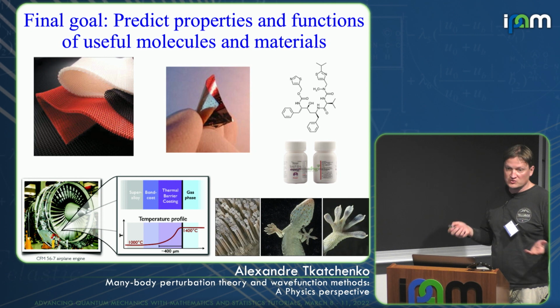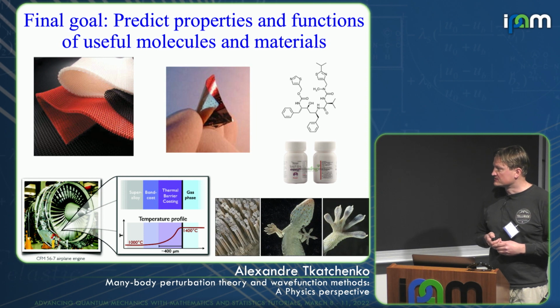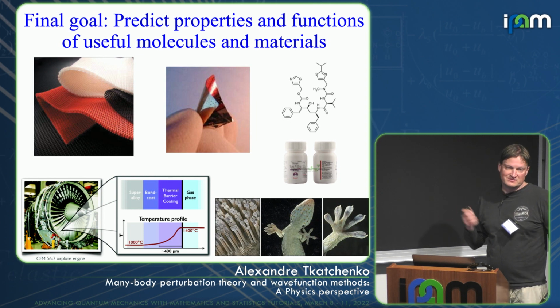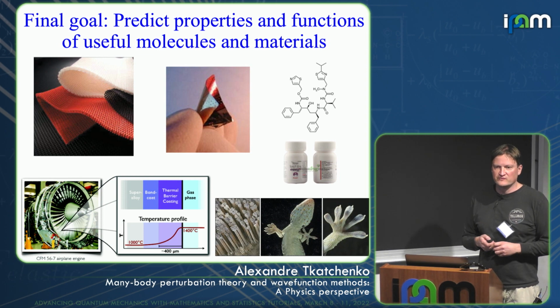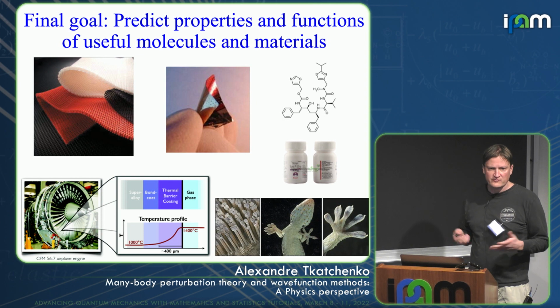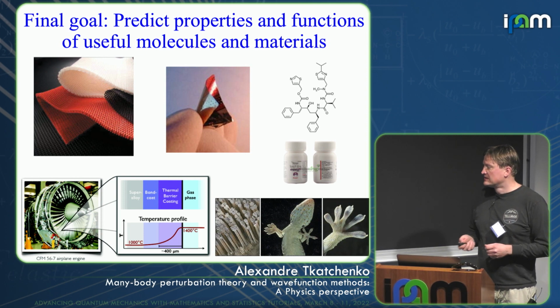You can design novel solar cells, or in general, optoelectronic materials. For this, you need excited state theory. Ground state is not enough. You can study pharmaceuticals, and I gave examples in my talk yesterday, right? How electronic structure theory really advances the field of pharmaceutical research, in particular the formulation of novel drugs.